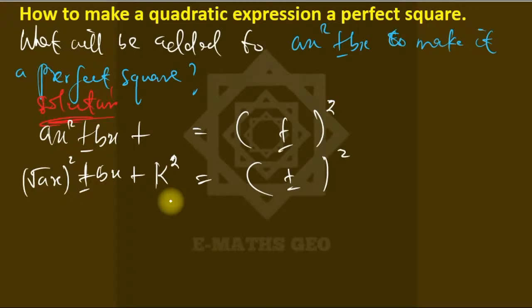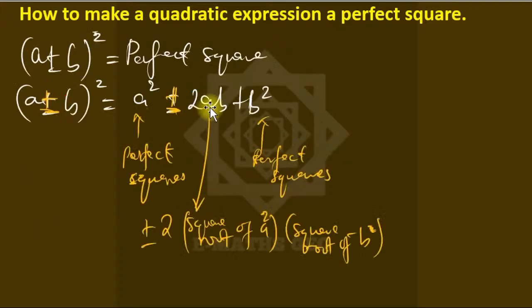For this to be a perfect square, we are settled with the first being a perfect square and the last being a perfect square. Therefore, this middle one, which is bx, must be 2 times the square root of the first, which is a, and the other thing carrying the square.